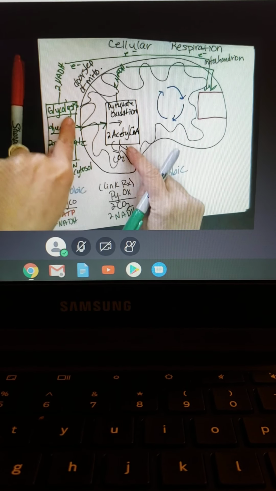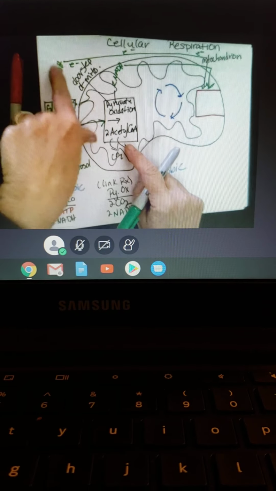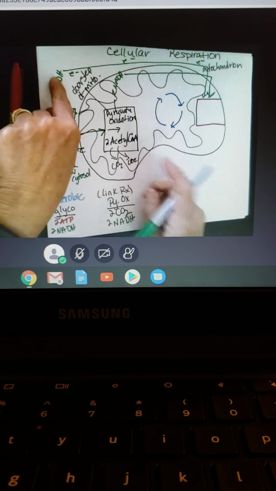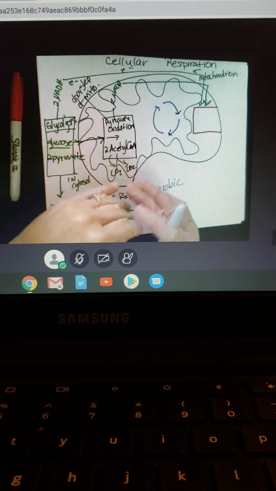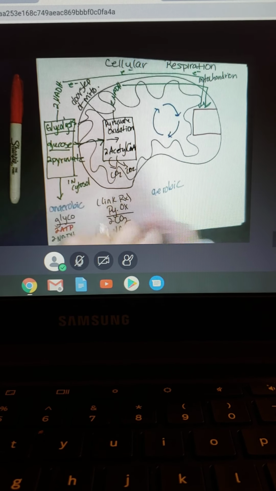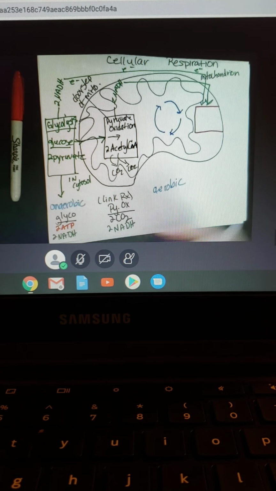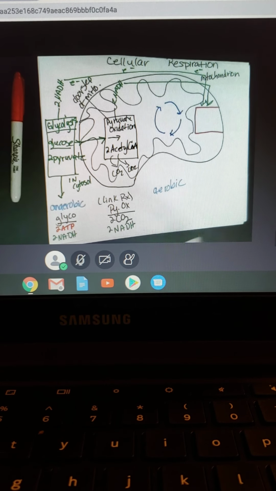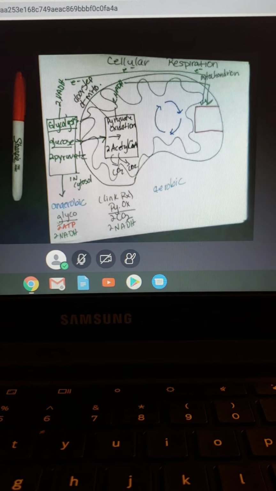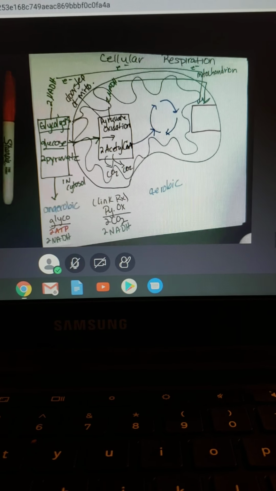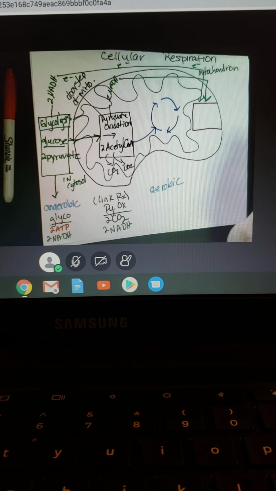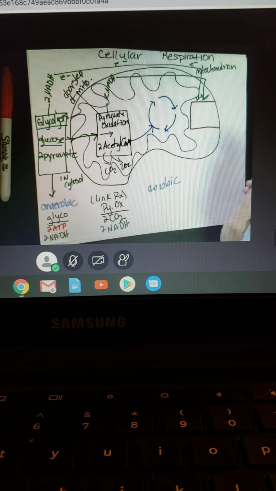Each of these steps, we are going to take a hydrogen and an electron and stick it on our electron carriers, okay? And right now, the electron carrier we have is NAD+, all right? So all it does is shuttle these electrons somewhere, okay? And then we can reuse that. So we're going to take our 2 acetyl-CoA and we're going to send it to the next part of the cycle. Does anybody know what the next part of the cycle is? It has 3 different names.